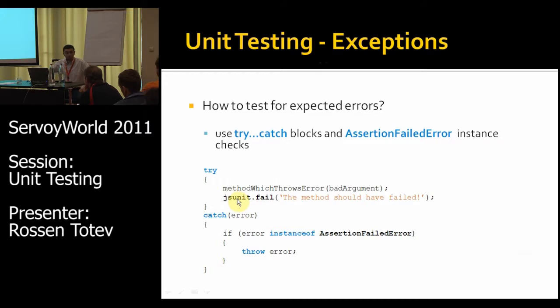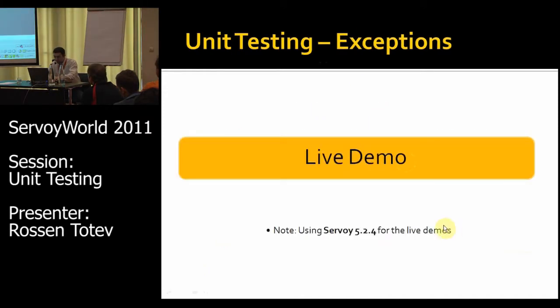That's why we put this all in a try-catch block, and we use the instanceof check to make sure that the error we got is the expected error, not the assertion failure error, which this call here will throw if we didn't get the correct one.